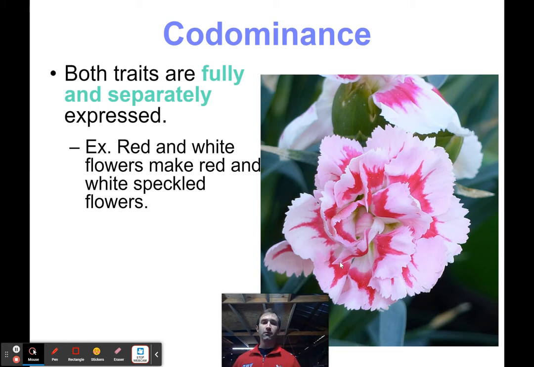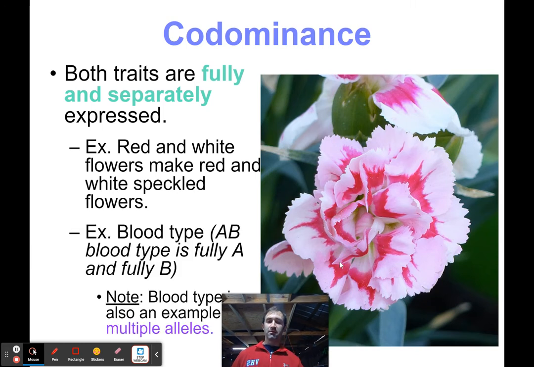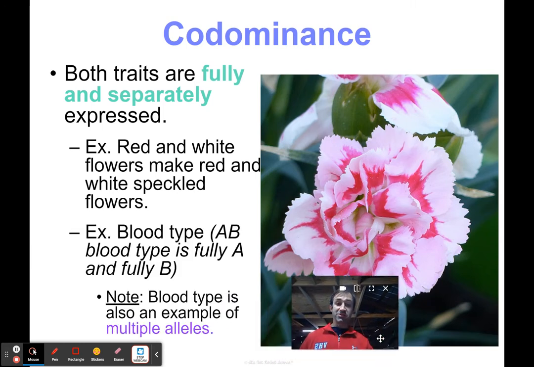With codominance you don't get a blending. Red and white don't make pink. You get a red and white flower, where they both show up. They're codominant, both phenotypes are shown.